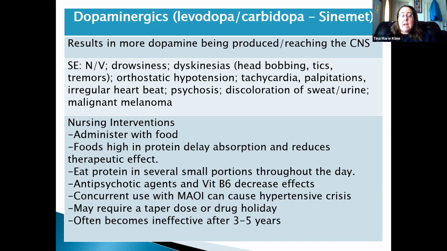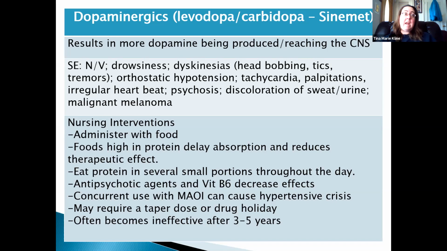Something you need to understand about this is that it's very useful, especially at the beginning of treatment. But after about 2-3 years, the effects really drop off. That's important to tell families, because this is not the miracle cure that they might think it is.